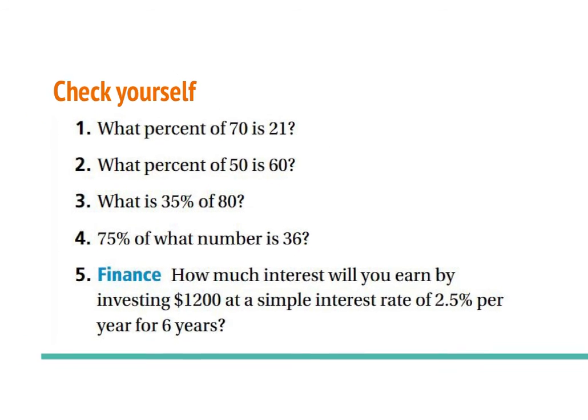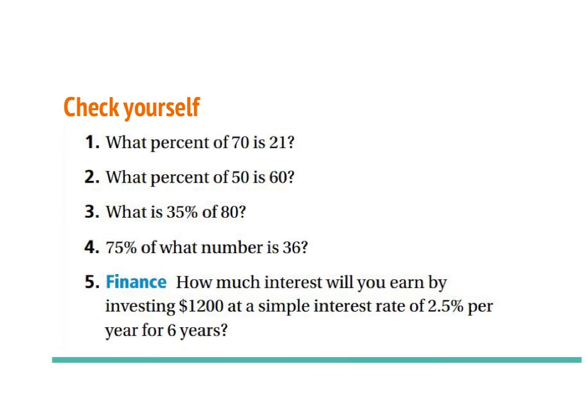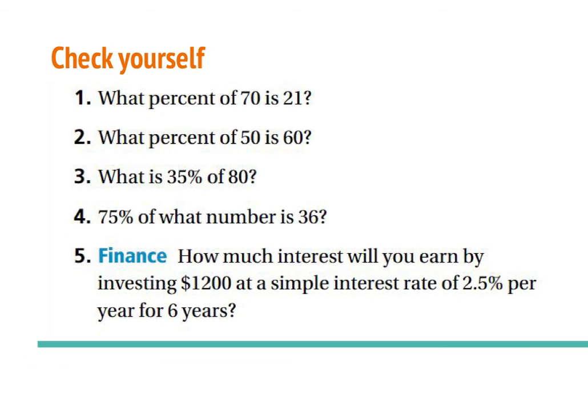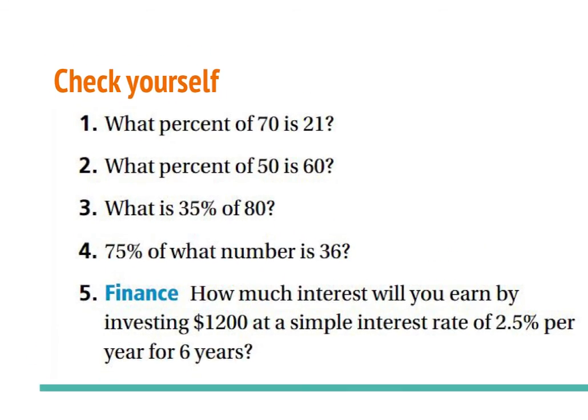All right, check yourself before you wreck yourself. For these, remember, we're going to use the method that I talked about secondly. So what percent, that's going to be P, of is going to be multiplication, 70 is going to equal 21. We have our equation right here. P times 70 equals 21.